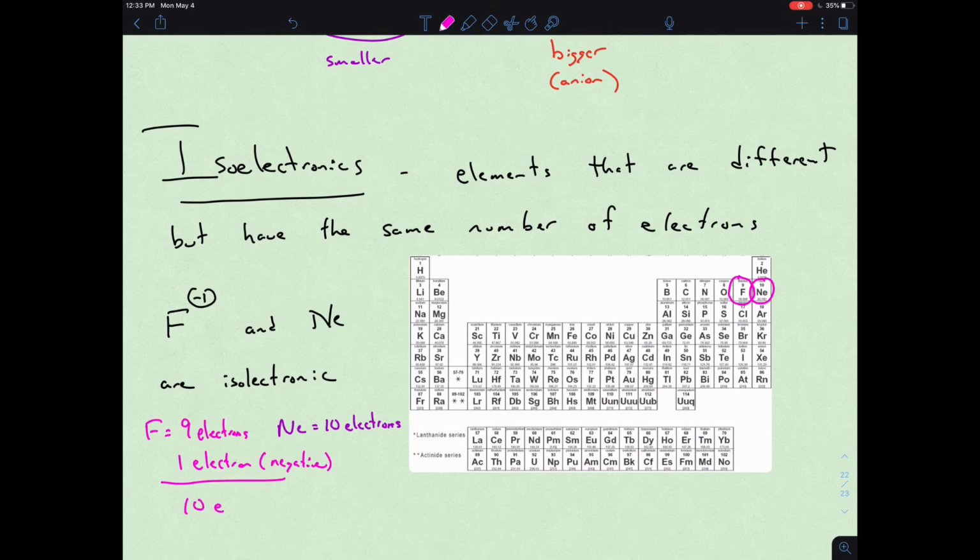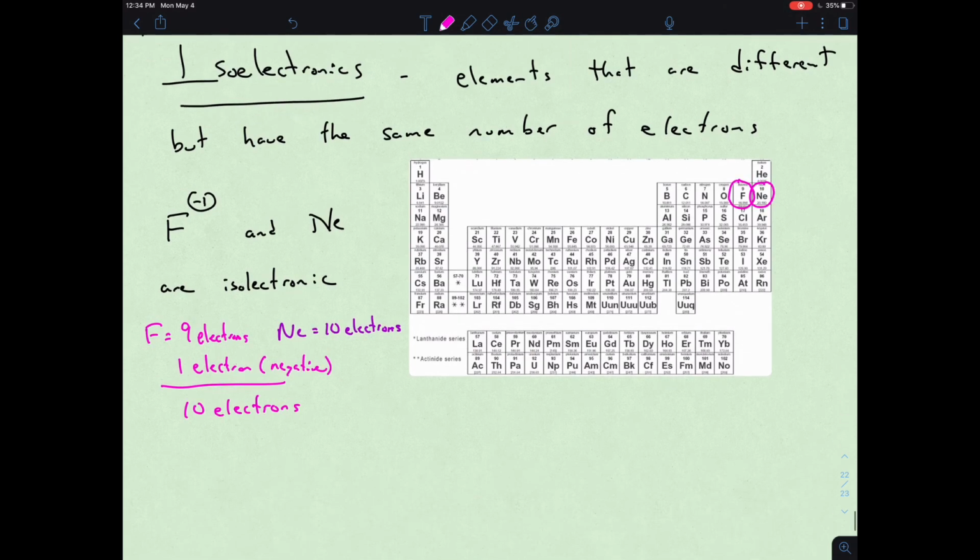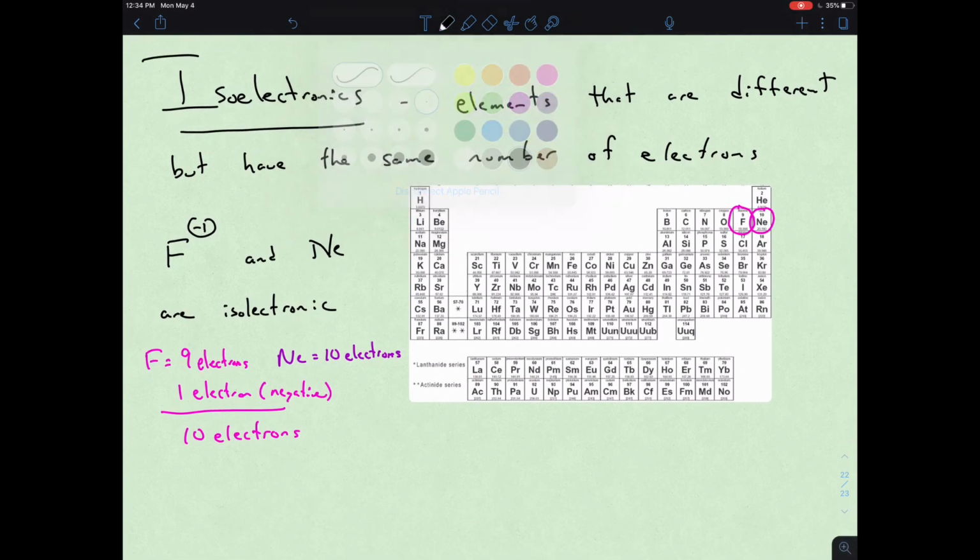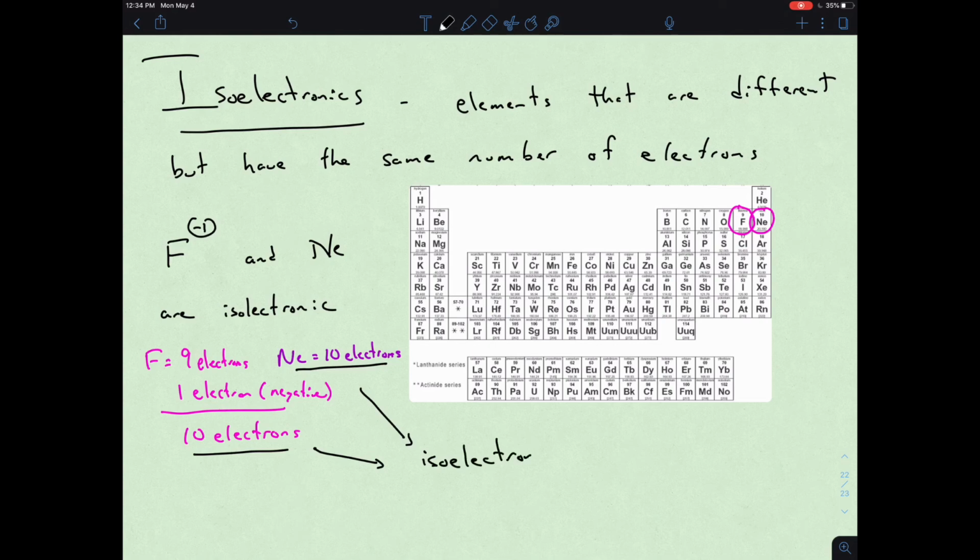So we have 10 electrons as well. So because of that idea of them both having those 10 electrons is that notion of isoelectronic. So what about them? They have the same number of electrons. So they're different elements, but yet they have the same number of electrons. That means on the periodic table, we can kind of put them at the same kind of location if we're just considering electrons.